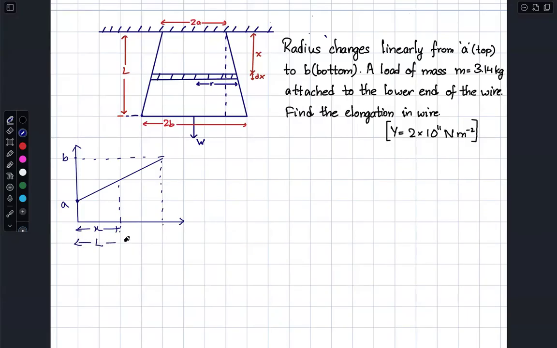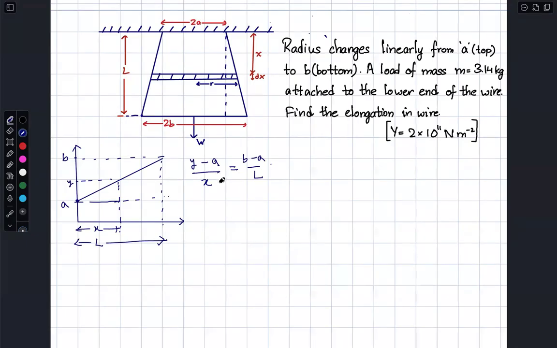Total length is L. You form similar triangles then. This is y. So two similar triangles you have. y minus A by x is B minus A by L.